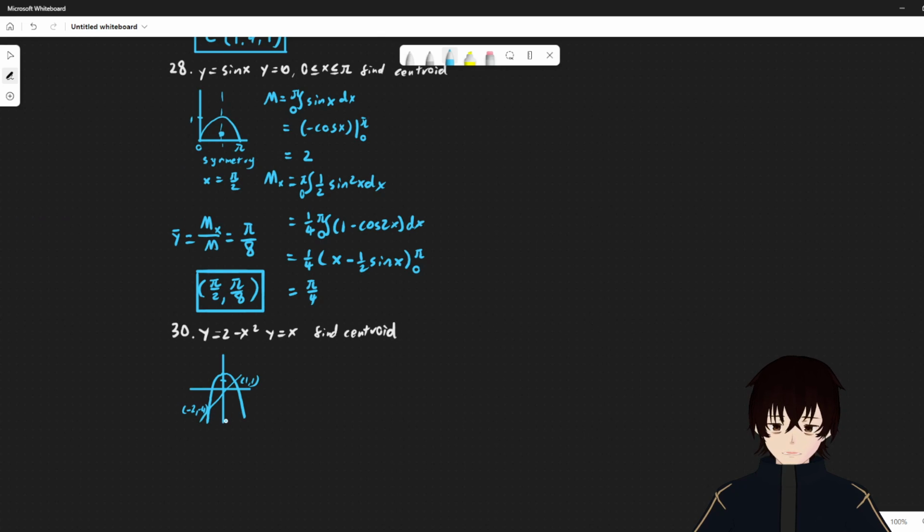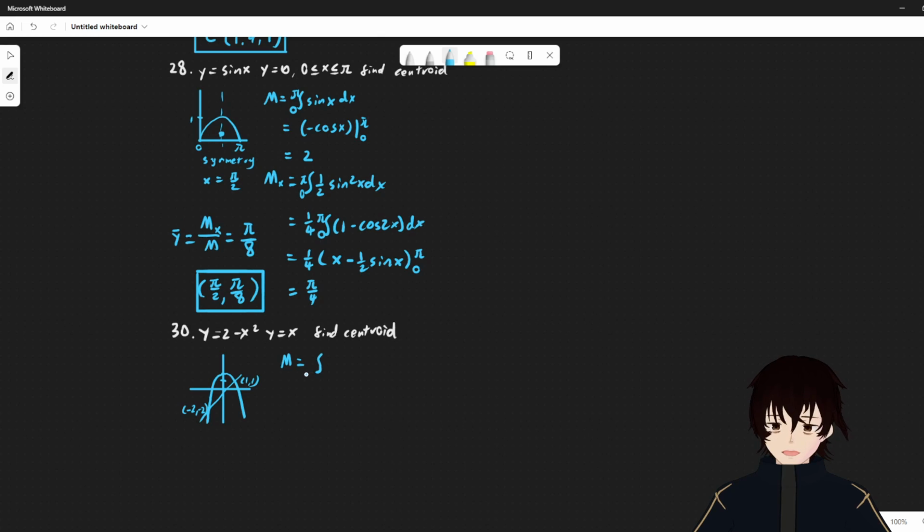Wait, no, -2, -2, right? Yeah, -2, -2. So it's easier to partition on the x-axis in this case. Which means, let's first find m.